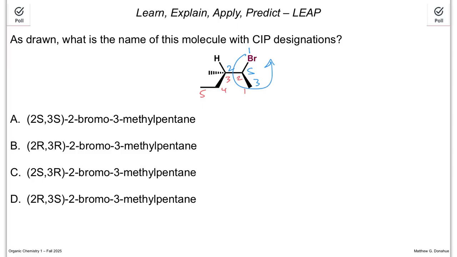So 2 is S. And then what do you think 3 is? So 3 ends up being S as well.